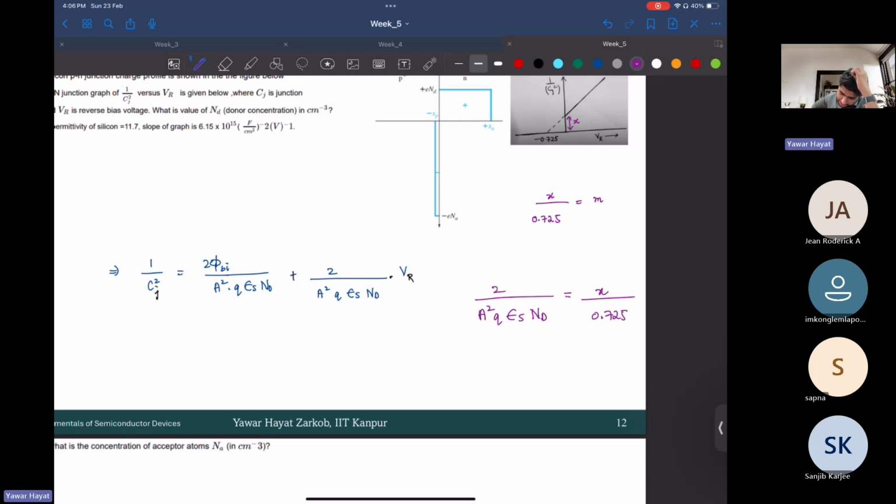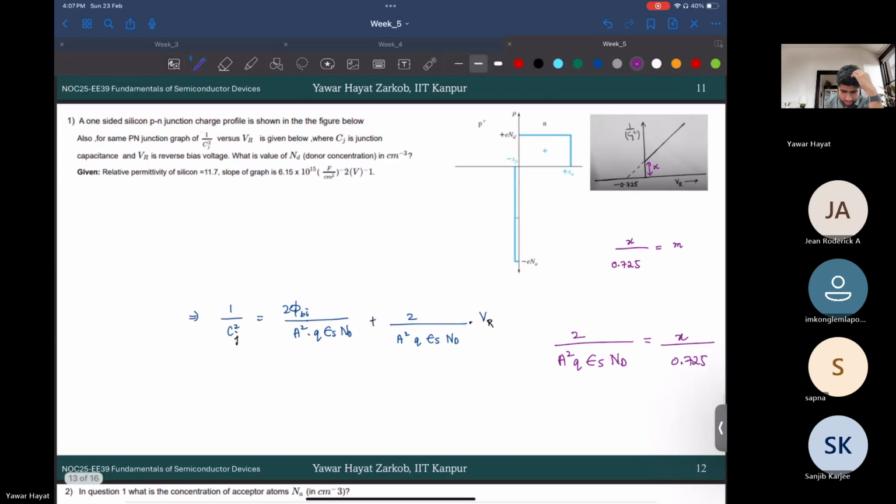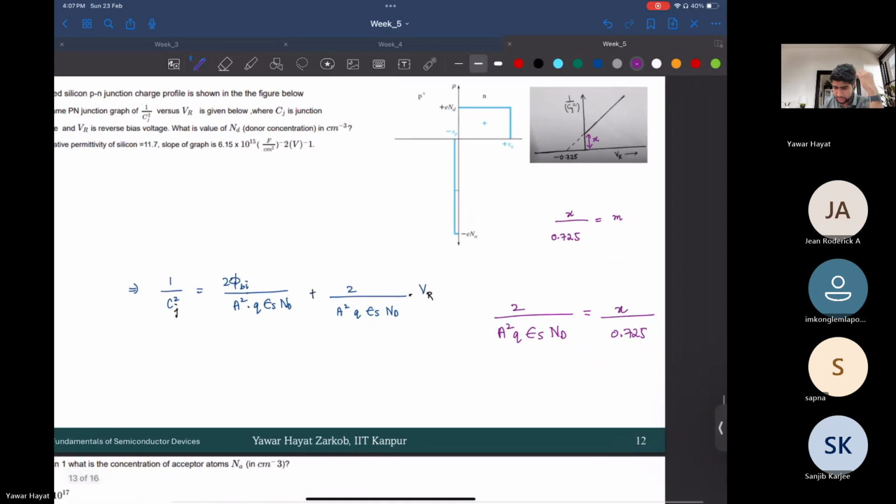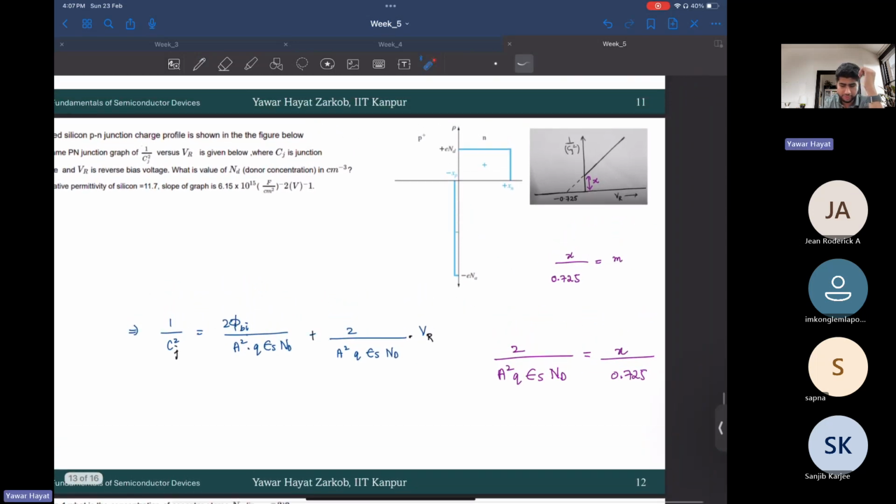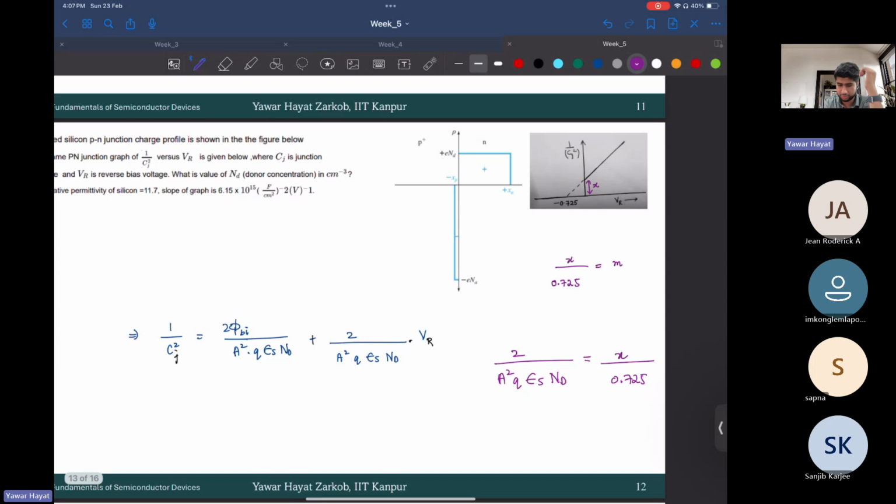Can you now determine Nd? You are also provided the value of the slope.